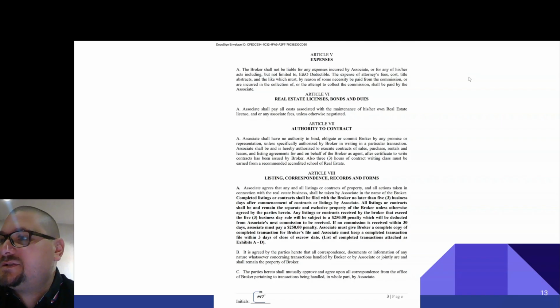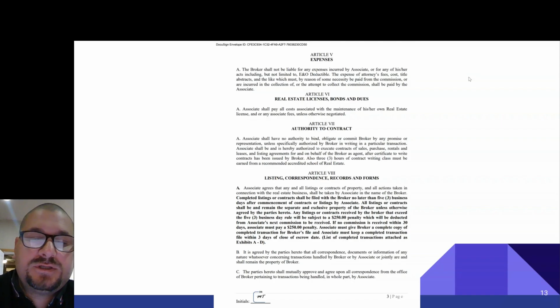So all the documents, they belong to the broker. Do they belong to the sales agent? No. The parties hereto shall mutually approve and agree upon all correspondence from the office of broker pertaining to transactions being handled in whole part by associate.